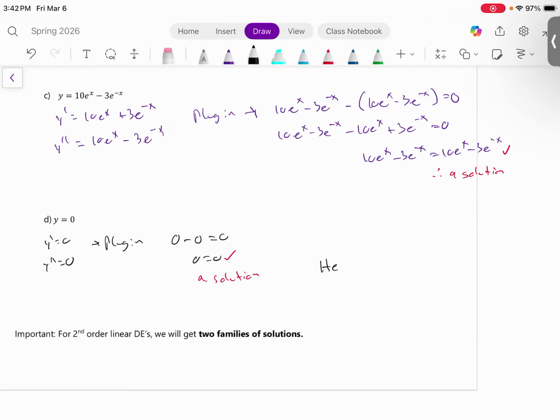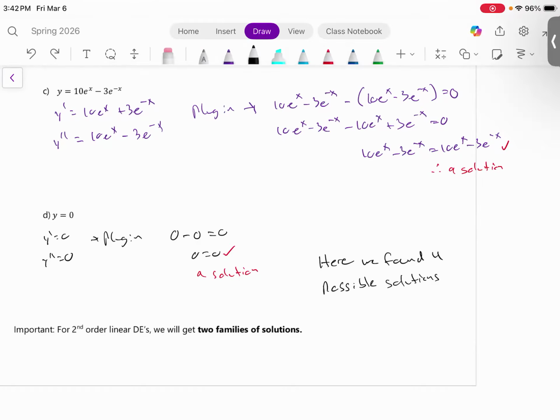Here, we found four possible solutions to the second order differential equation, but we really only found two. We really only found two solutions.